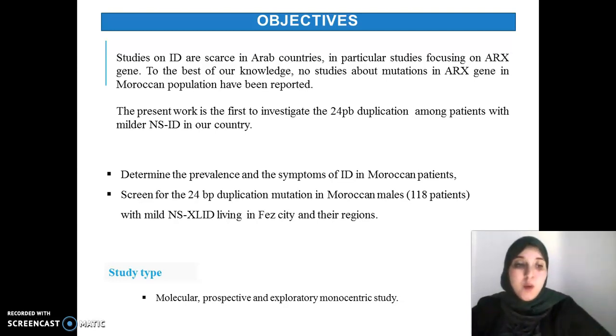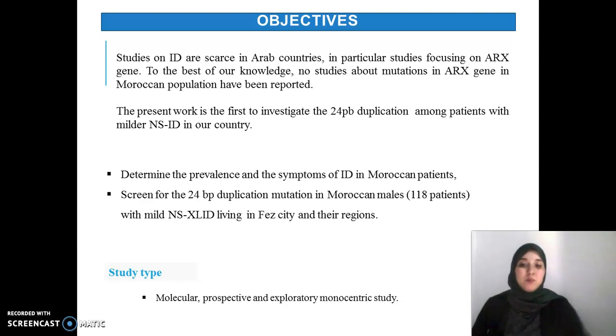The aim of our project is to determine the prevalence and the symptoms of ID in Moroccan patients and to screen for the 24 base pair duplication mutation in Moroccan males with mild non-syndromic X-linked intellectual disability living in Fès city and its regions.